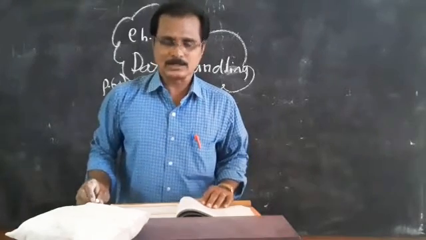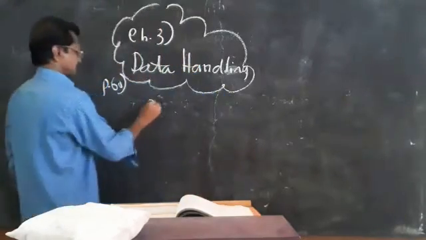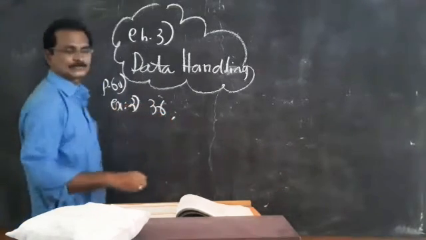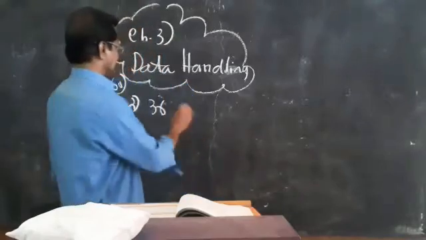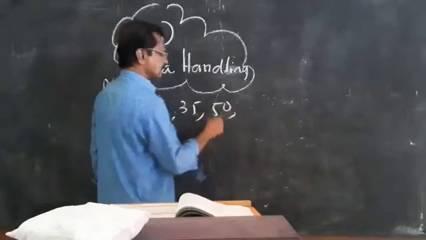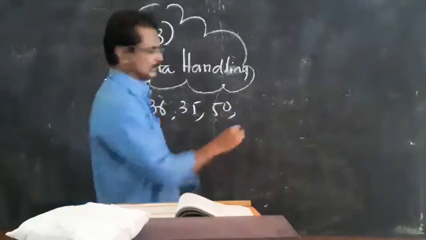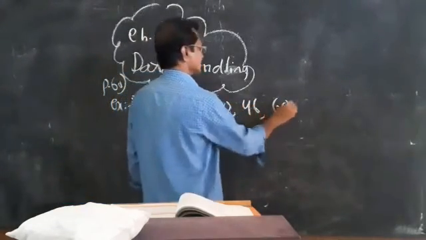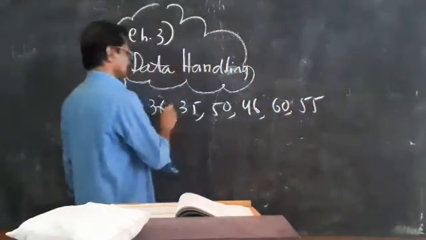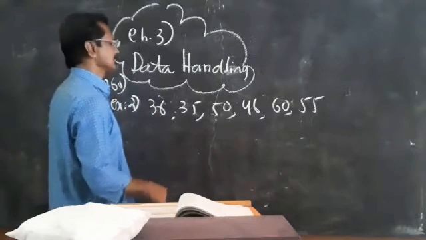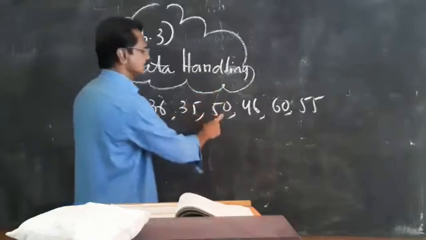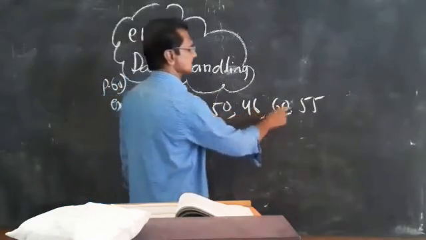First innings 36 runs, second innings 35 runs, then 50 runs, then 46 runs, then 60 runs, then 55 runs. So this is the runs scored by a batsman in the 6 innings.